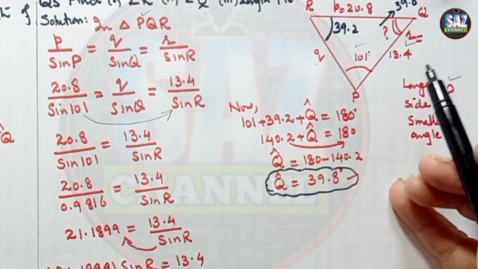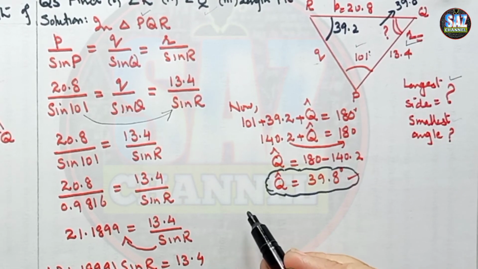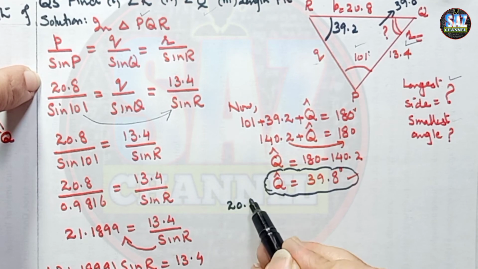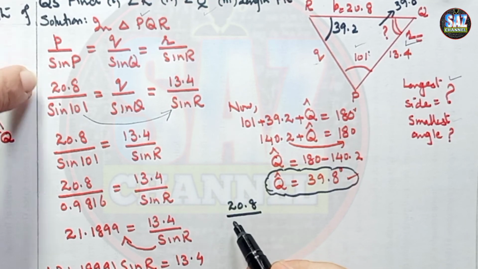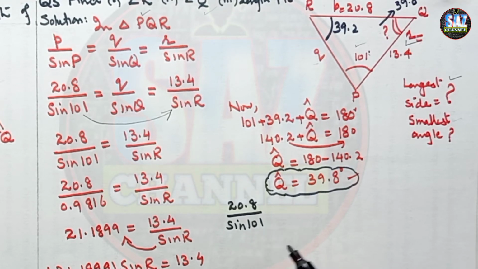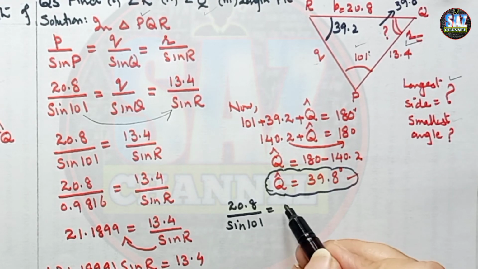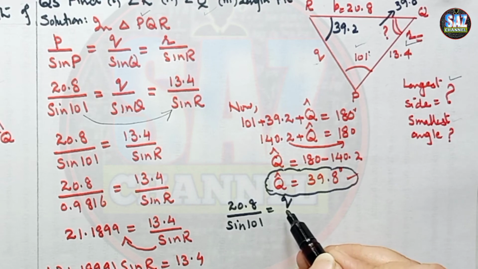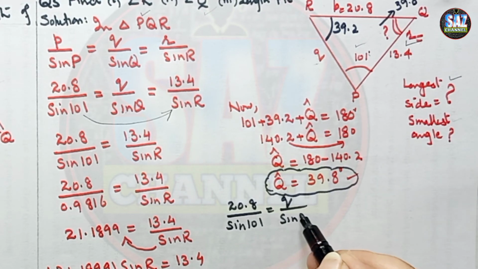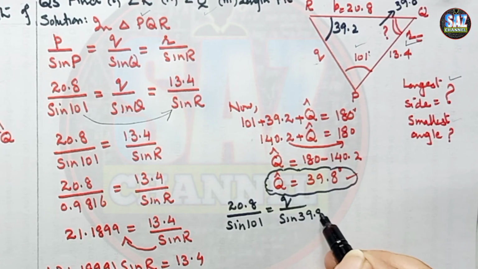So let's move to the solution of this part. Again, I will take the relationship 20.8 upon sine 101 equals q, which is unknown, upon sine 39.8 degrees.